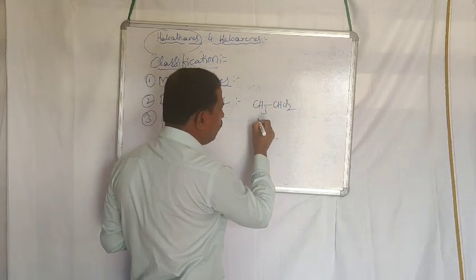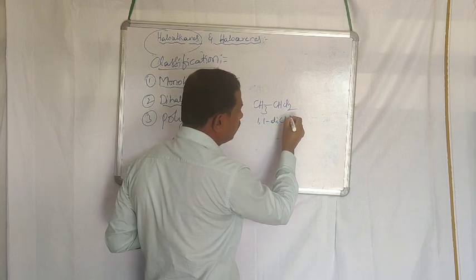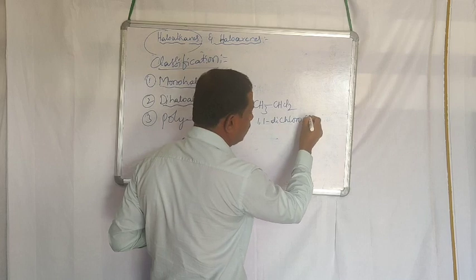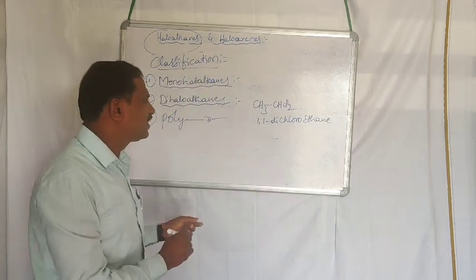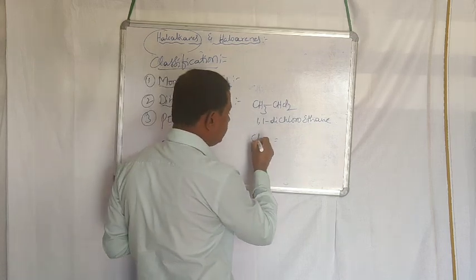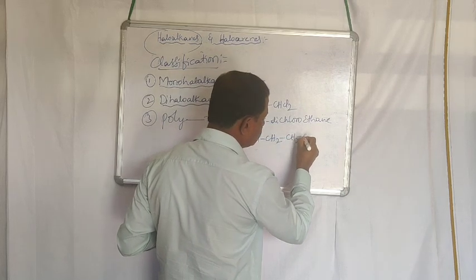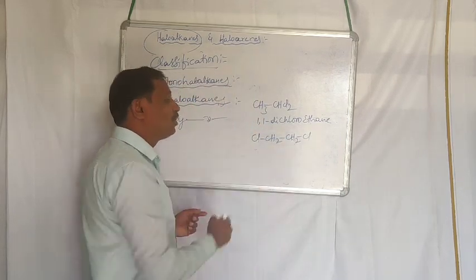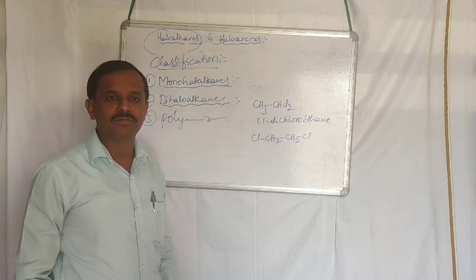What is the IUPAC name? 1,1-dichloroethane. Another example is 1,2-dichloroethane, ClCH2CH2Cl. These are examples of dihaloalkanes.